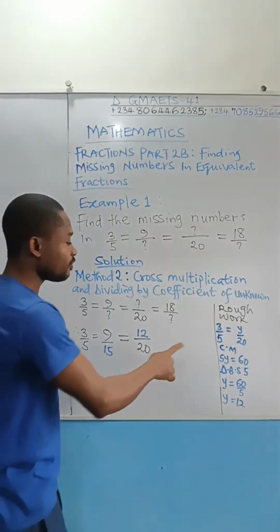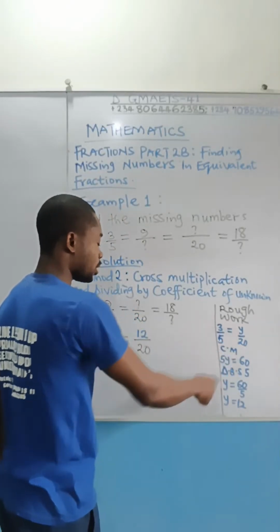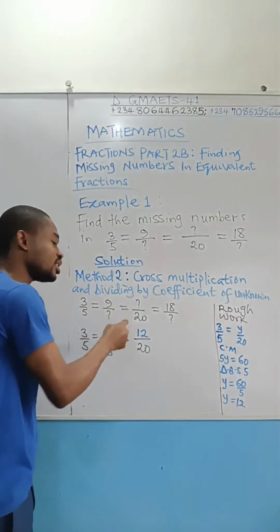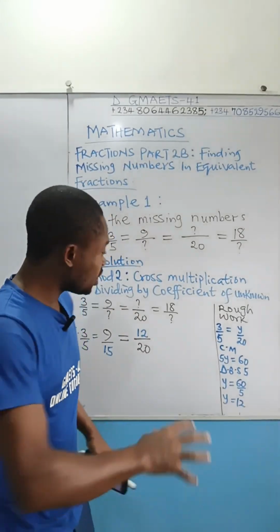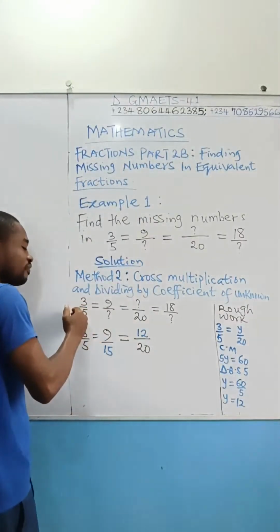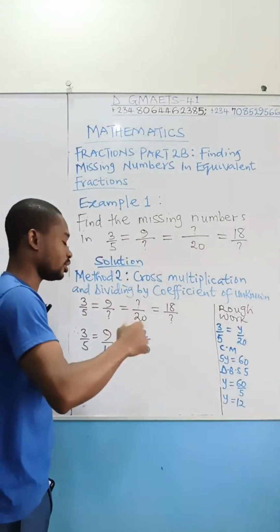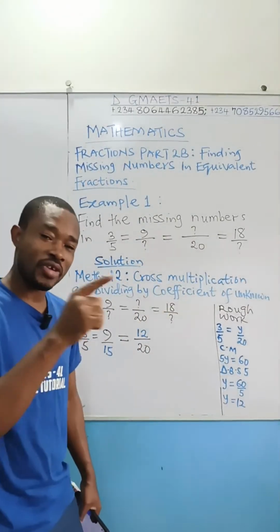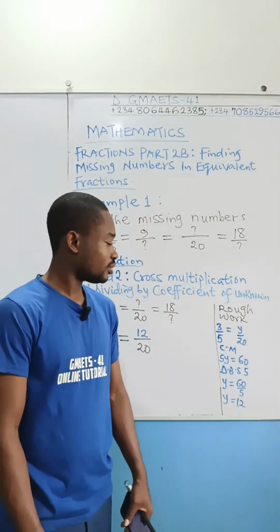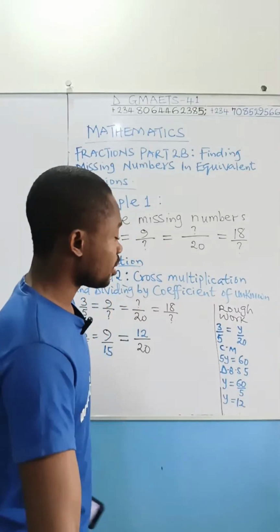Now you see, instead of using 3 over 5 equal to y over 20, you could use this one that you have obtained, 9 over 15, and you'll still get this 12. So you see that in this method 2, it's not necessary to always go back to the first lowest fraction given to you. You can use any of the fractions you have gotten to find the other unknown. That is another advantage of this method. And remember, this method gives you the missing number directly.